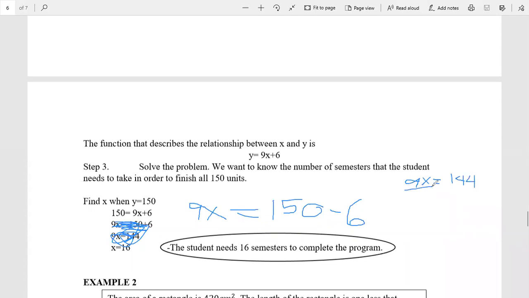So to cancel out 9, we need to divide it by 9 on both sides. So we have here x is equal to 16. So muna ang final answer.